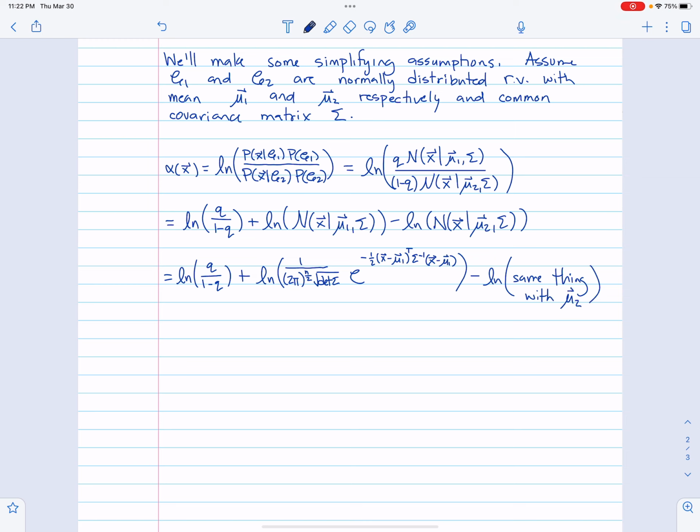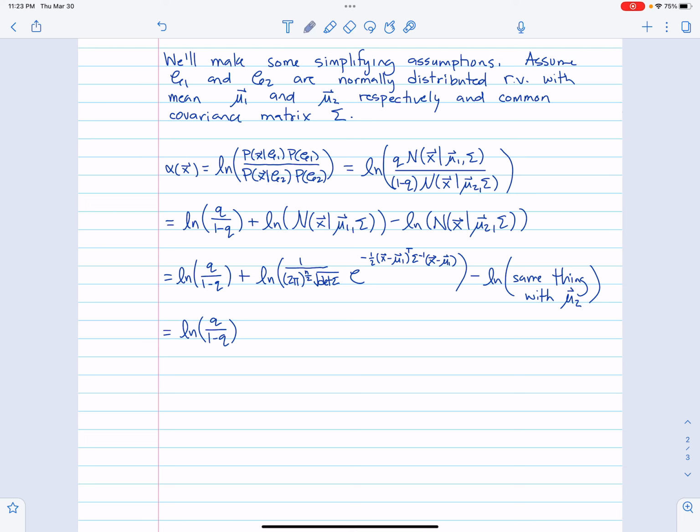Okay, so it's exactly the same thing, except now instead of mu1 we're going to have mu2, but I'm just going to save myself the trouble of writing that. But notice what's going to happen is when I split up this product in the logarithm, and I split up the same product over here, this corresponding term here is going to cancel with the term there. So what I'm going to be left with is log of q over 1 minus q plus, and then I'm just left with this exponential inside the logarithm, and same thing over here, but the exponential and the logarithm are going to cancel.